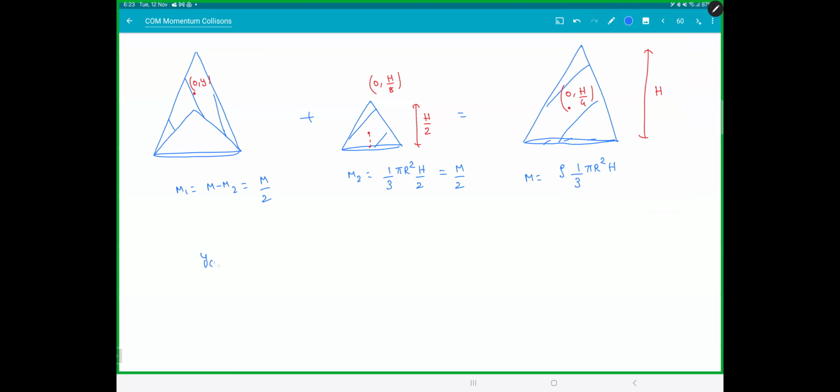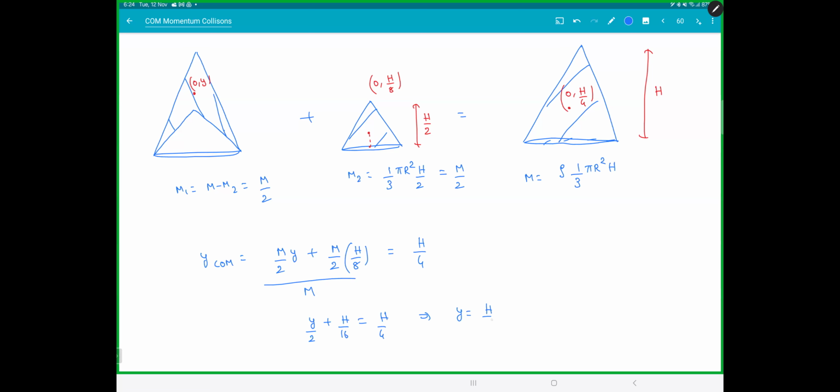So therefore, y center of mass will be m by 2 y plus m by 2 times h by 8, divided by total mass, is equal to y center of mass, which is h by 4. M cancels everywhere. Y by 2 plus h by 16 is h by 4.